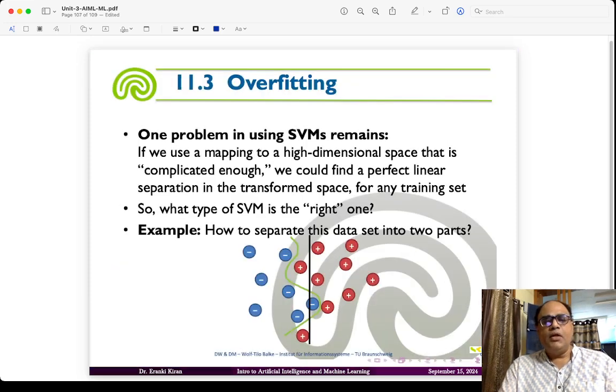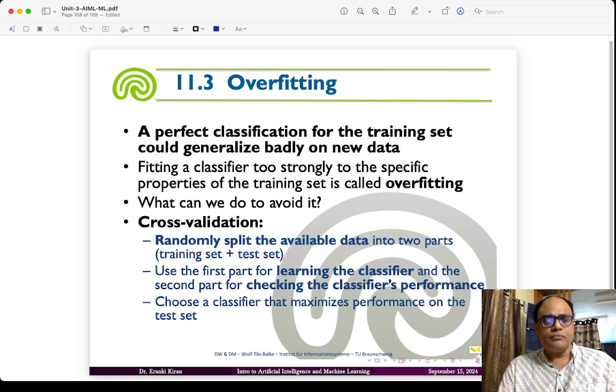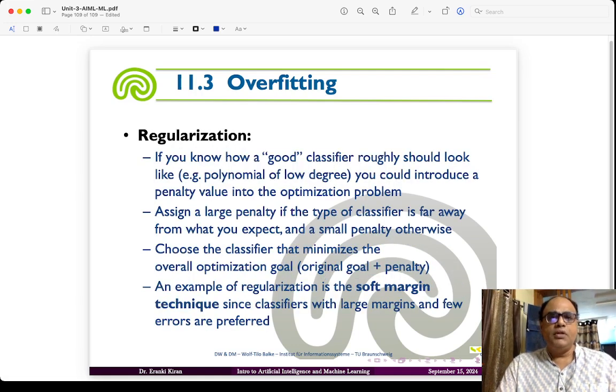We also discussed the challenges with SVM, especially when the model deals with complicated data or data with a combination of classes which are spread all over. The two possible techniques that we could apply to control overfitting are cross-validation and regularization. With this I conclude this session.